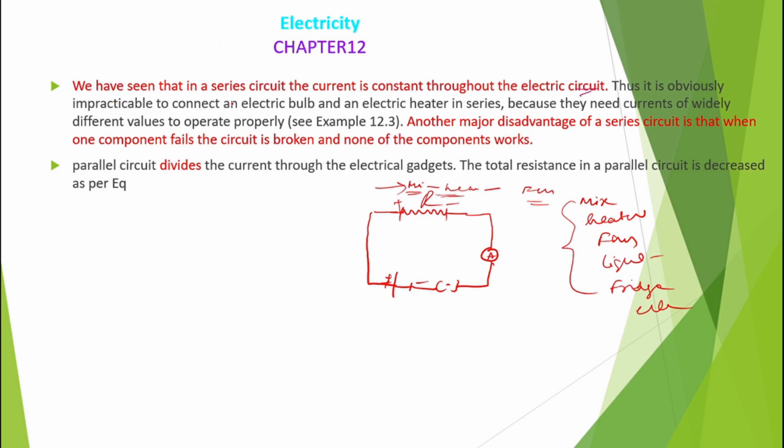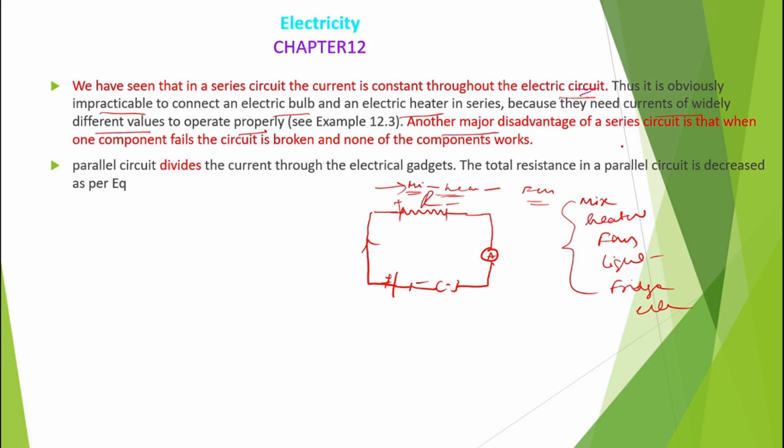So that's what he is telling. We have seen that in a series circuit the current is constant throughout the electric circuit. So in the whole electric circuit the current is constant, I is constant. Thus it is obviously impracticable to connect an electric heater in series, because they need currents of widely different values to operate properly.